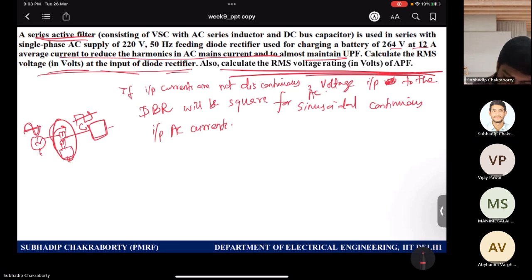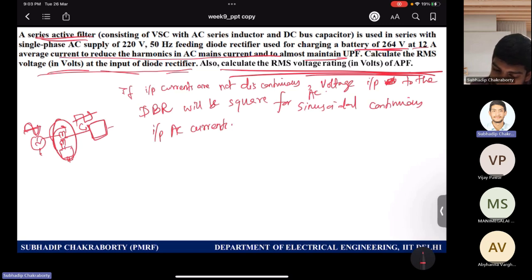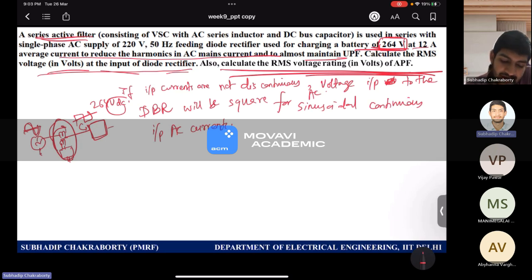So the RMS voltage, can anyone tell me? So VD, this side, the DC voltage is 264 volts, as you can see here from the problem. So the voltage toggles between 264 and minus 264 as a square wave, I can tell.